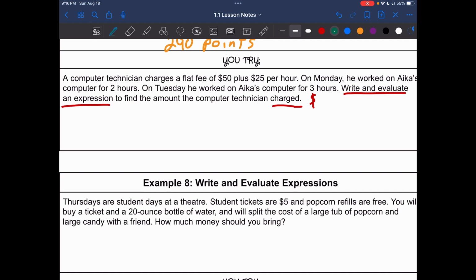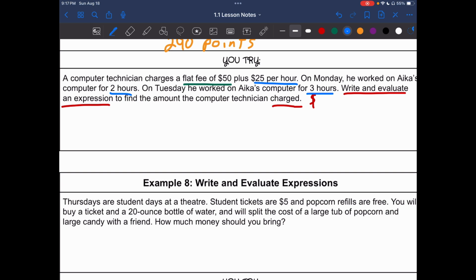So now we know we have a flat fee of $50. What that means is that's his charge just to show up and work on the computer. You are going to pay him at least $50 no matter what. And he's also charging $25 per hour. Well, he worked for 2 hours on Monday and 3 hours on Tuesday. That's a lot of work on a computer, but we're going to figure out the cost here.